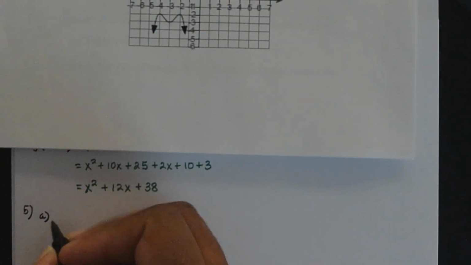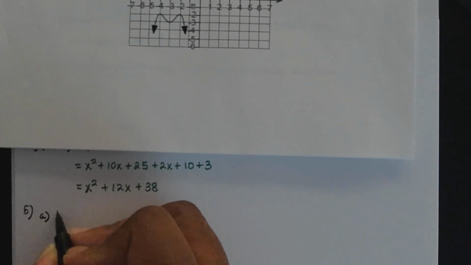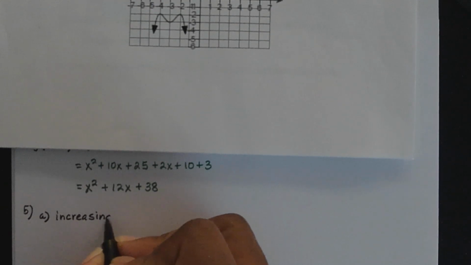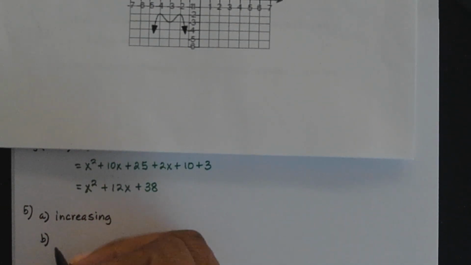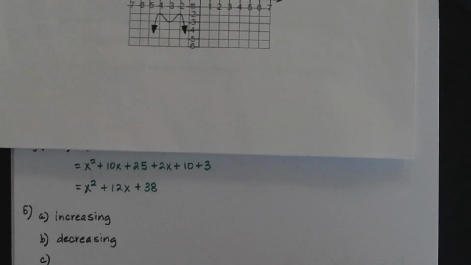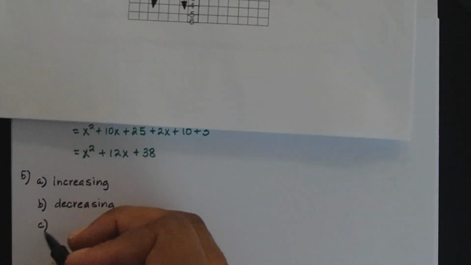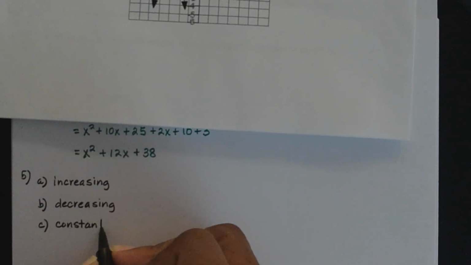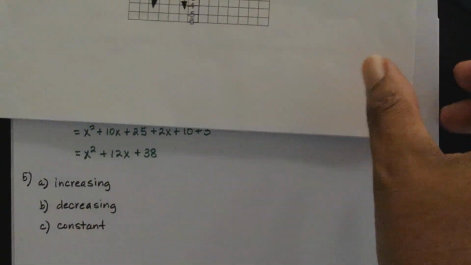Part A, the intervals on which the function is increasing. Part B, the open intervals on which the function is decreasing. Part C, the open intervals on which the function is constant. That is, if any.